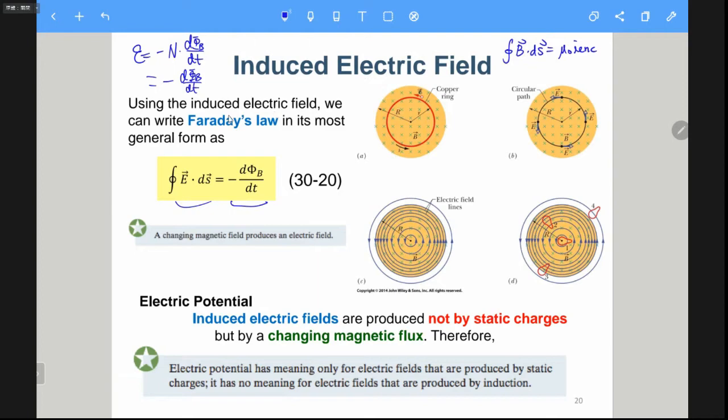So here we change B to E, but the right side is not the same anymore. It is a derivative of the magnetic flux. So using the induced electric field, we can write Faraday's law in its most general form as this one.